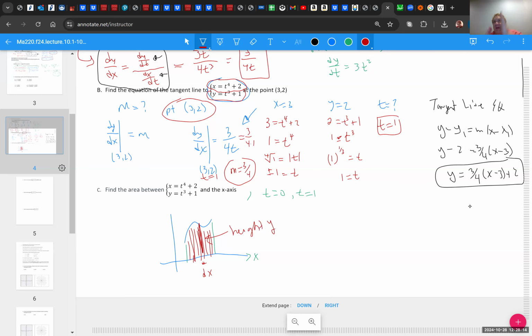It's y up, and it's a super thin dx wide. So the area of a slice is just y times dx. So the area of all the slices would be the integral of y times dx, and we'll say we're going from t equals 0 to t equals 1.